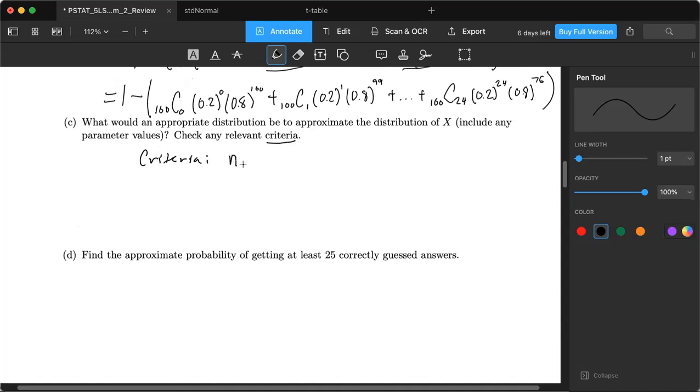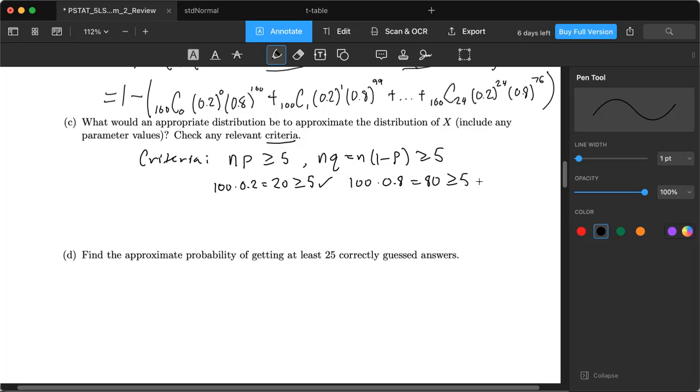So the criteria is that n times p is greater than or equal to 5, and n times q, which is equal to n times 1 minus p, is greater than or equal to 5. So both of these need to be satisfied at the same time. So we have 100 times 0.2 is equal to 20, which is greater than or equal to 5. So that's good. And then 100 times 0.8, which is equal to 80, is greater than or equal to 5.